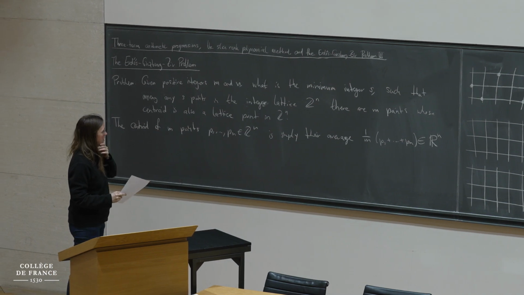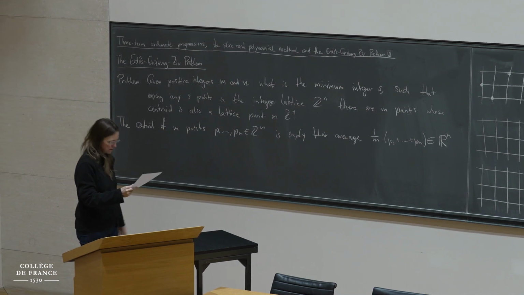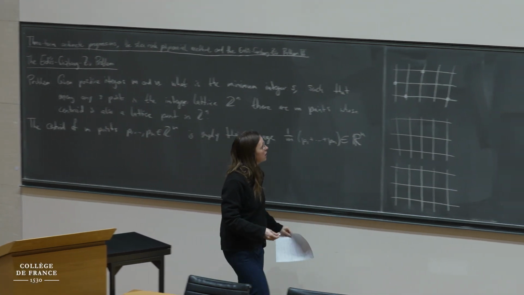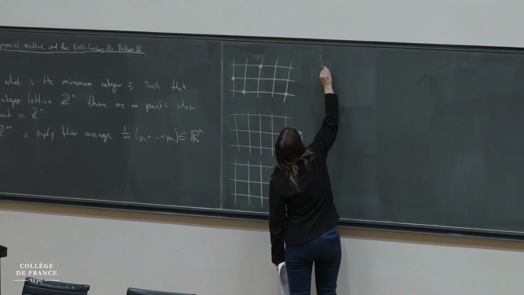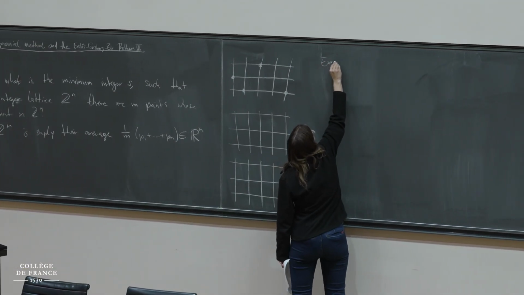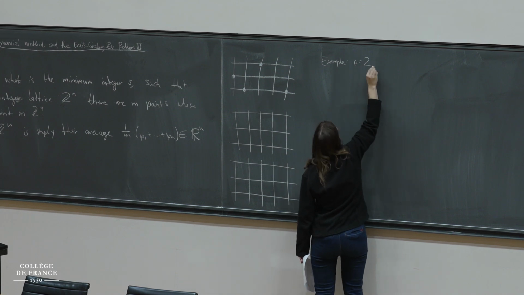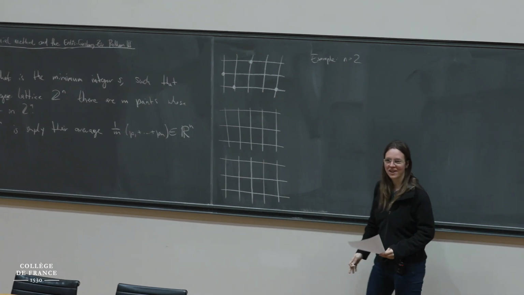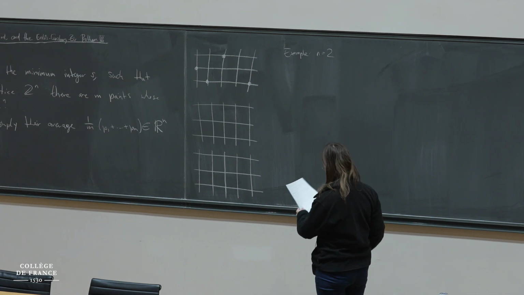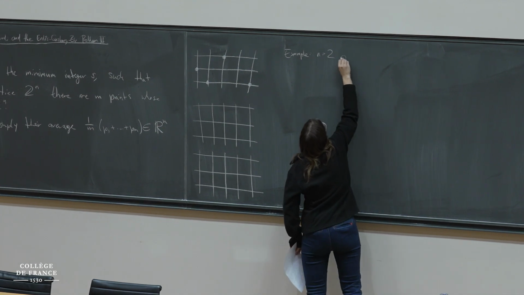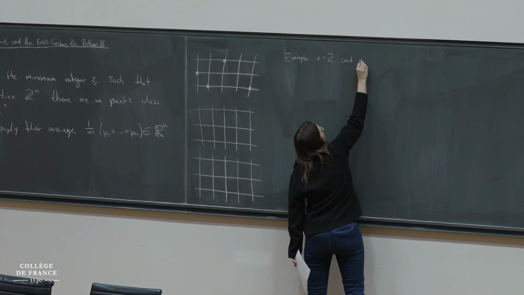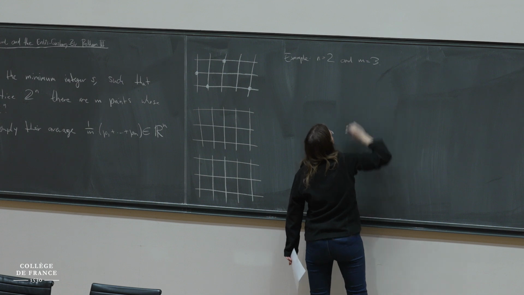Okay, maybe with pictures this becomes a bit more concrete. So let's take an example. Let's consider n being 2, because the board is two-dimensional, so it's hard to draw anything on the board which is larger than two-dimensional. And so that the pictures don't get too big, let's take m to be 3.